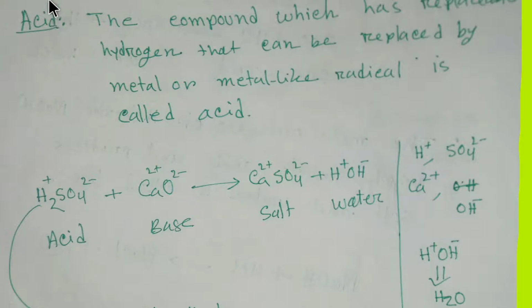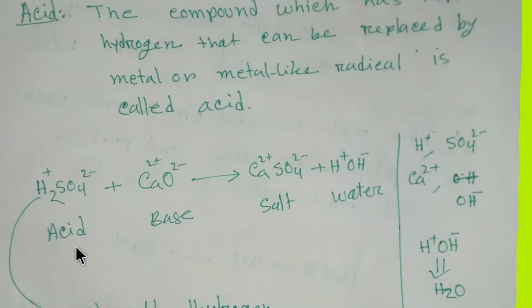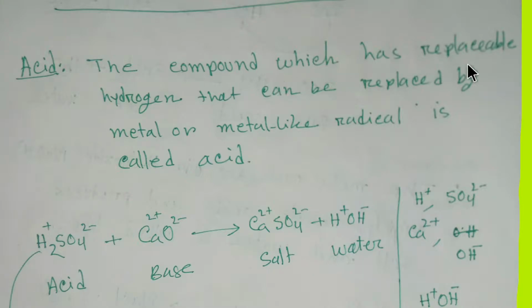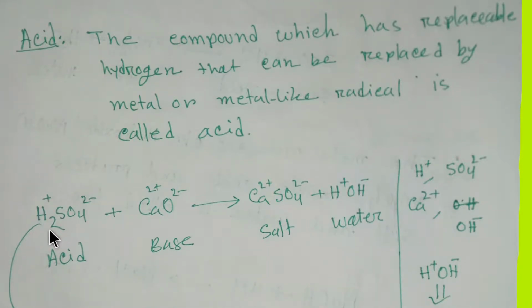However, now we would like to learn about acid, right? Here, acid. Why is this acid? The compound which has a replaceable hydrogen that can be replaced by metal or metal-like radical is called acid. Here you know that sulfuric acid has two replaceable hydrogens, and these hydrogens can be replaced by metal.